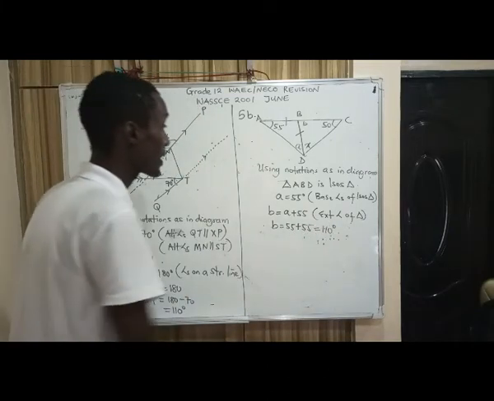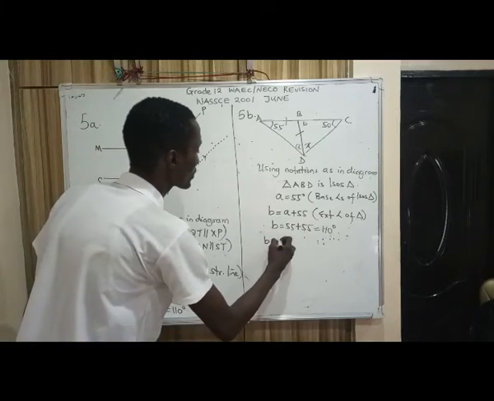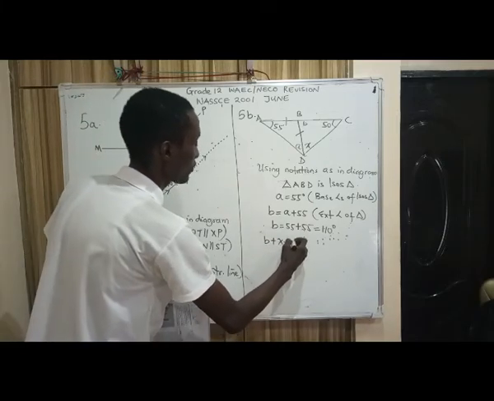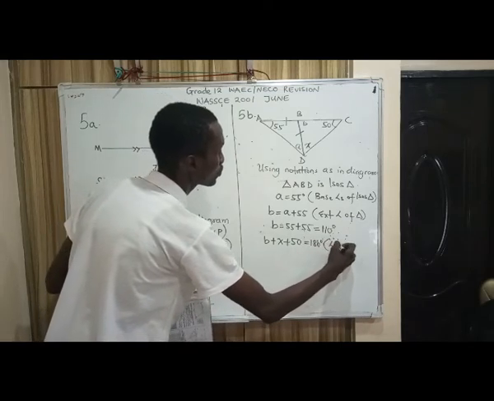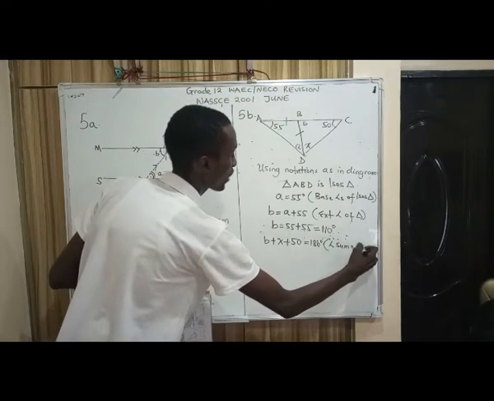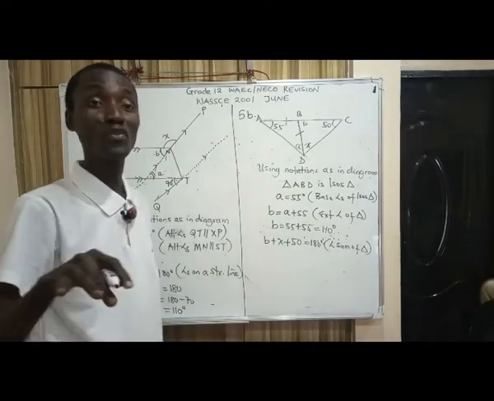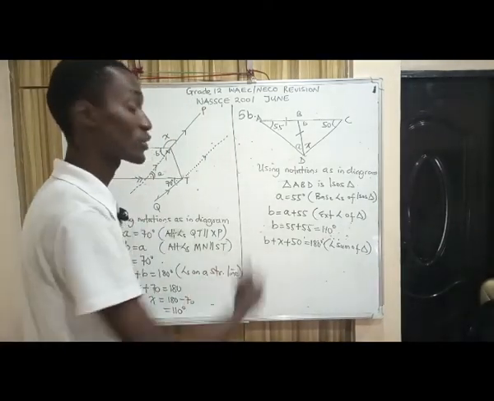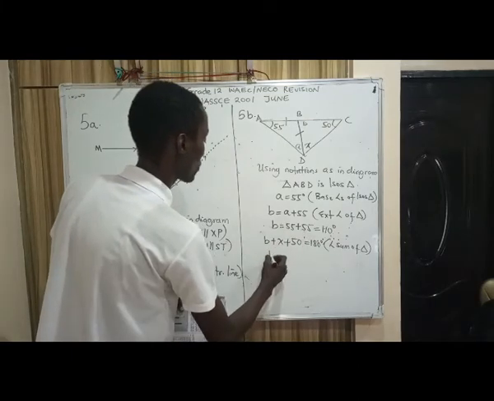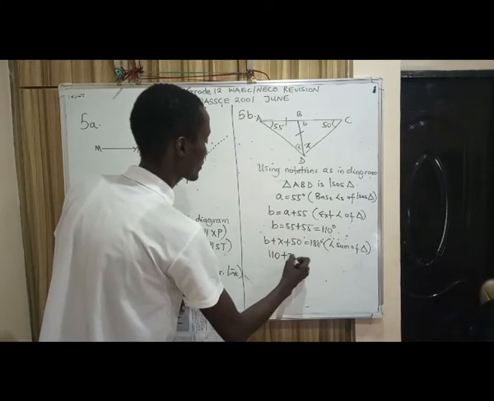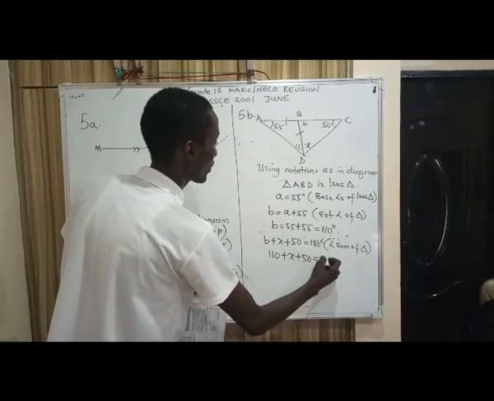So that said, I can now say that B plus X plus 50 will be equal to 180 degrees, angle sum of triangle. Don't mind me, I'm a strong fan of shorthand, so you'll be seeing a lot of shorthand here. Now I know B to be 110, so 110 plus X plus 50 will be equal to 180.